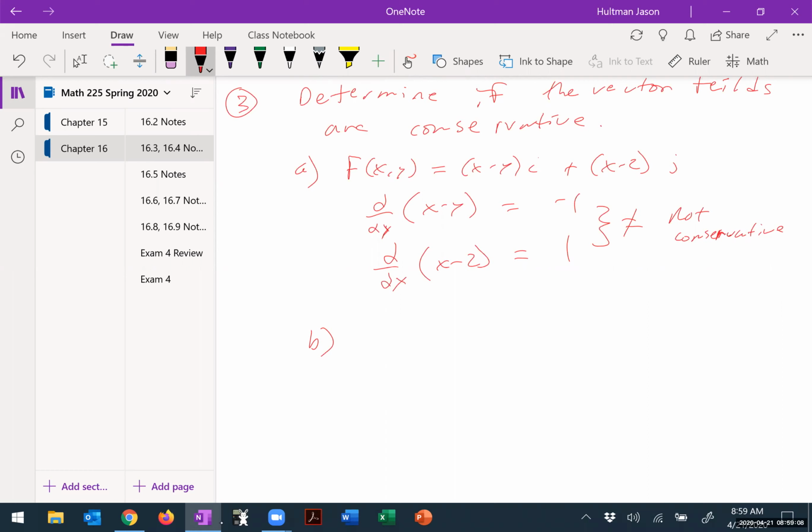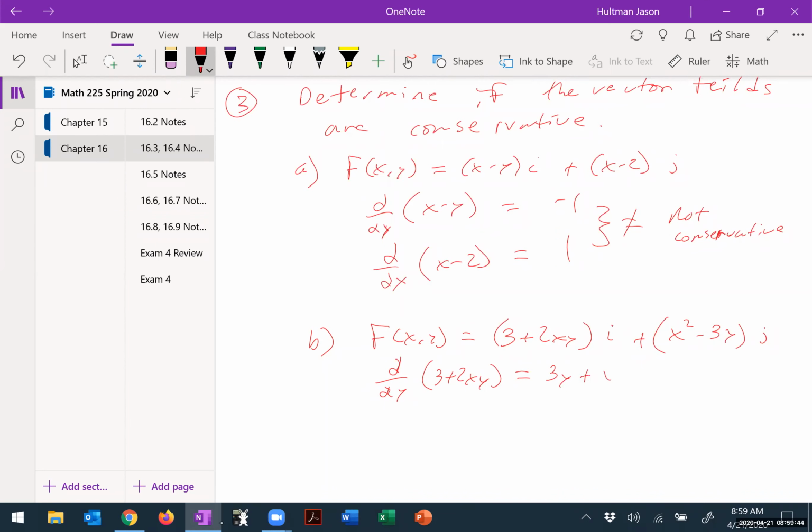Okay, B. Let's do F of x, y equals (3 plus 2xy) i plus (x squared minus 3y) j. Is this conservative? Well, let's see. The partial on y of 3 plus 2xy.